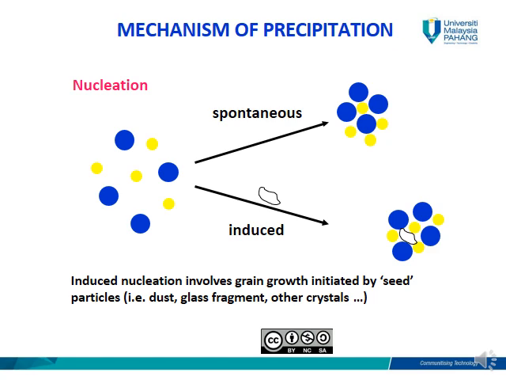And when we have induced nucleation, it will basically contain impurities such as dust, sometimes glass fragments, and also other crystals that might be trapped in the precipitate.